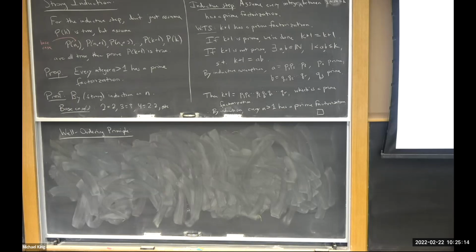And I claim that, maybe I should pull up that sheet. I claim that we've had the ring axioms, all the basics of the operations, right? And then we had this ordering axiom about what it means to be positive.